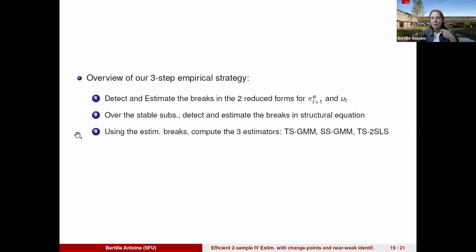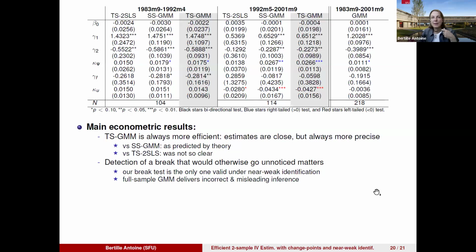Once you have your estimated breakpoints, you can estimate the three competitors that we are considering: the two-sample GMM, which is our estimator, the split-sample GMM, and the hybrid two-sample 2SLS. The period that I'm going to focus on today is from September 1983 until September 2001.